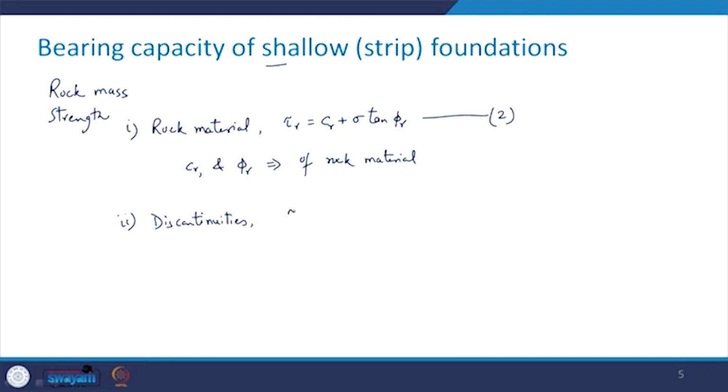And for that, I can again write tau j as Cj plus sigma tan phi j, where this Cj and phi j are the properties along the plane of discontinuity.